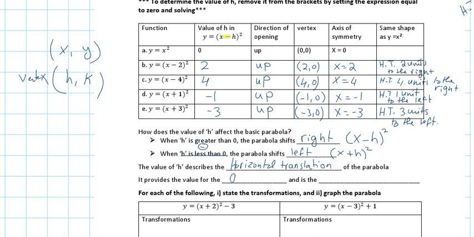We see that there is a relationship between the h value and the axis of symmetry. And it is the x value of the vertex.